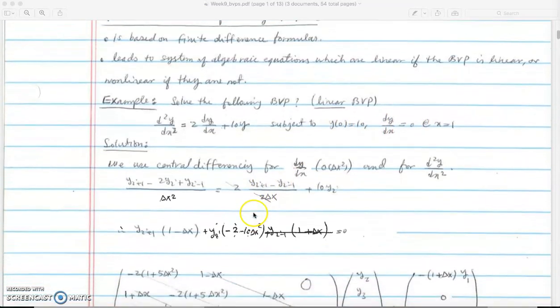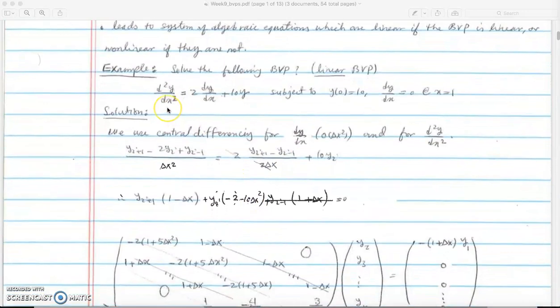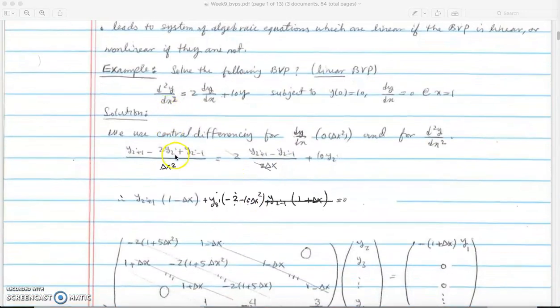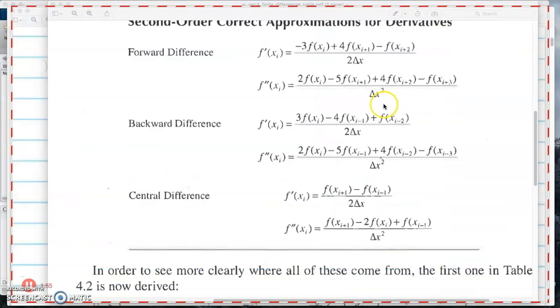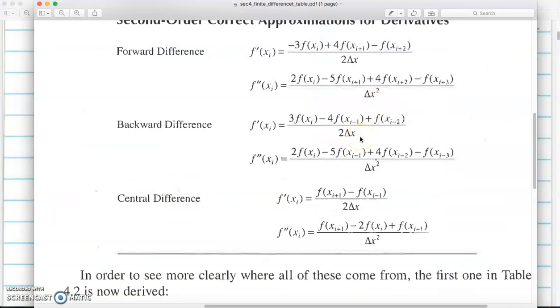So we're going to go ahead and discretize every term. For the first term, we can use central difference. Just to remind ourselves what this is, we're going to go to the page I uploaded on the website a long time ago, on the discretization of the derivatives given the order of approximation.